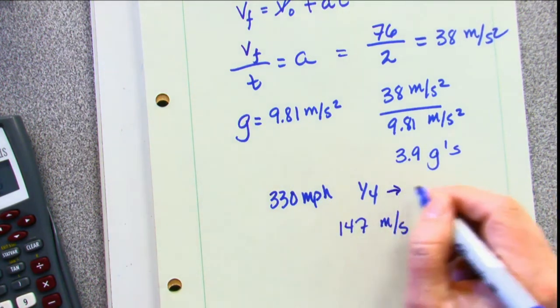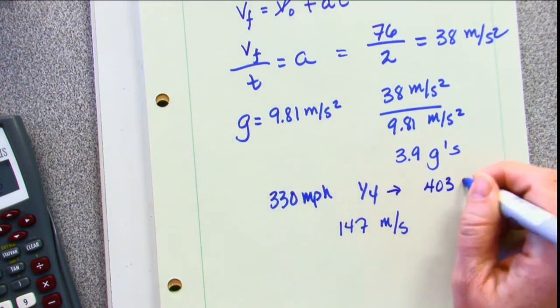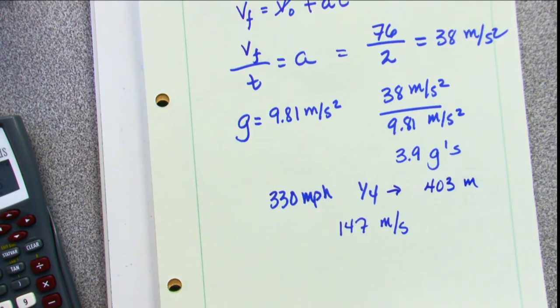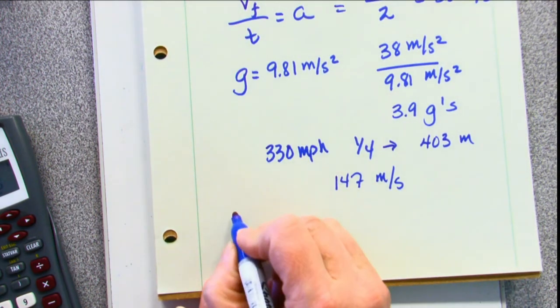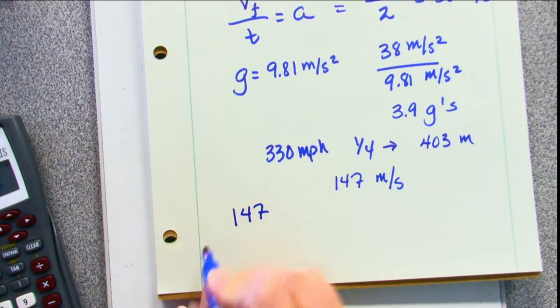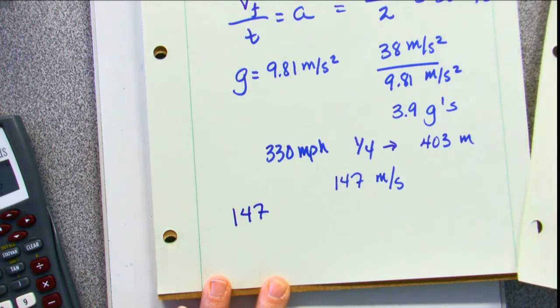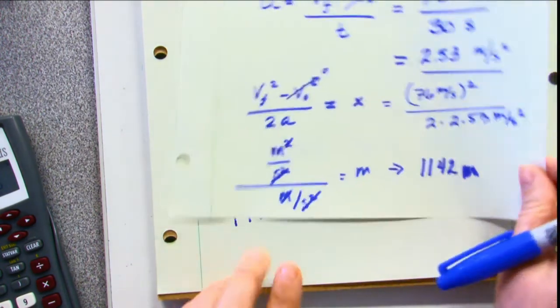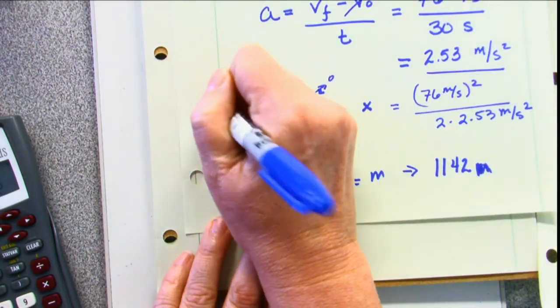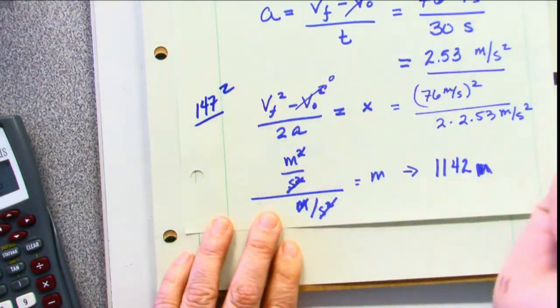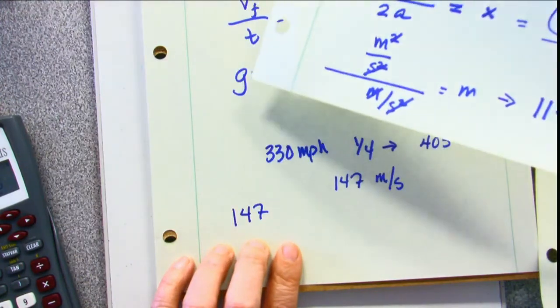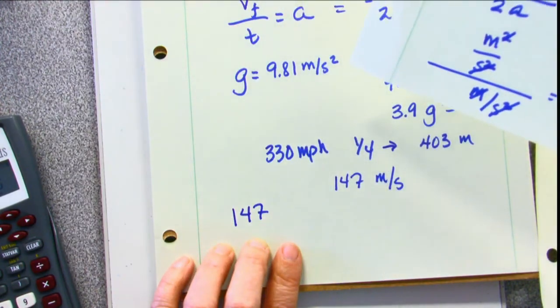And a quarter mile is about 403 meters, if I did that conversion correctly. So we can do the same calculation. We gotta go back and calculate distance. So we do 147 squared divided by, oh, I mean my acceleration first.